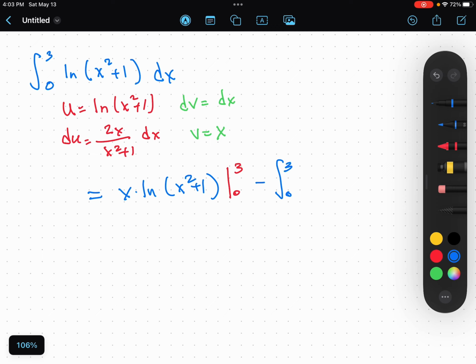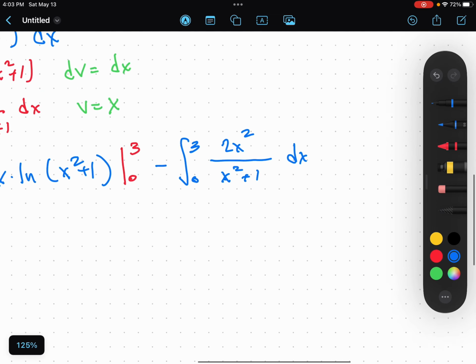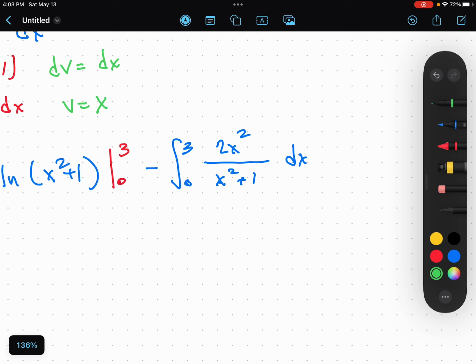When I multiply x by 2x over x squared plus 1, I get the fraction 2x squared over x squared plus 1. And while rushing, I decided I was going to attack this by integration by parts as well. But that's not the right move here. This particular expression will just run you in a circle if you do integration by parts.